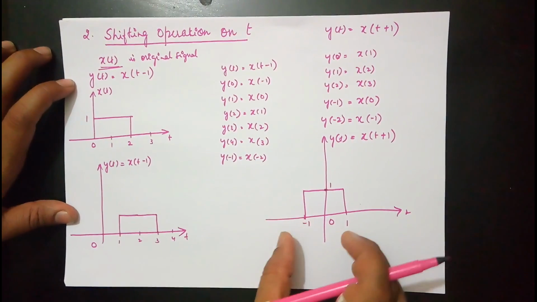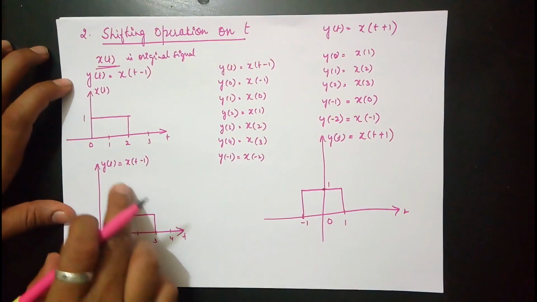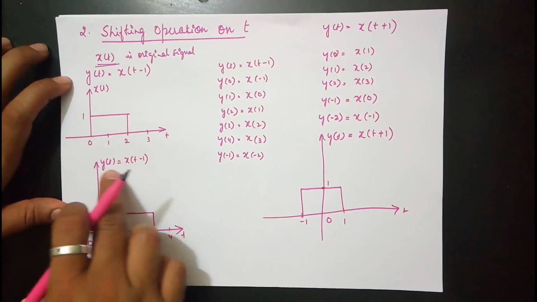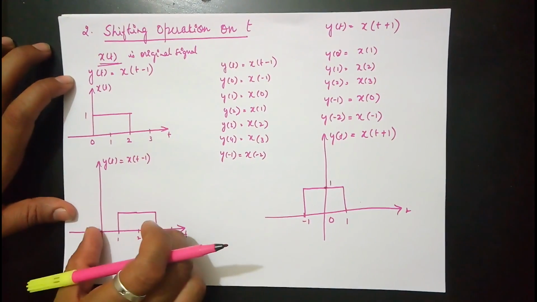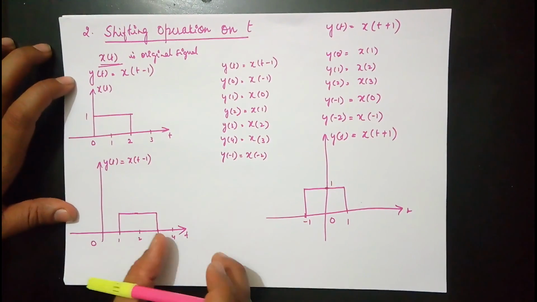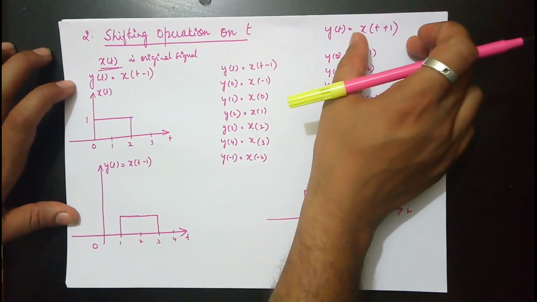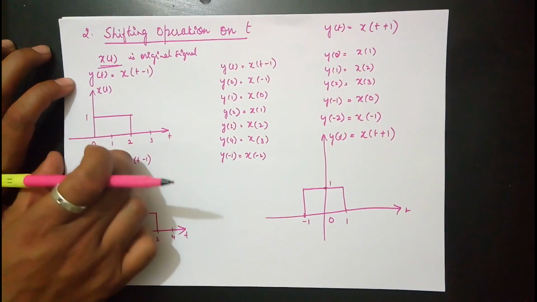That means, what is the bottom line of this argument? If I have a waveform x of t and if I shift it by 1, that is x of t minus 1, my waveform will get shifted right by 1. Now if I have x of t plus 1, my waveform will get shifted left by 1.